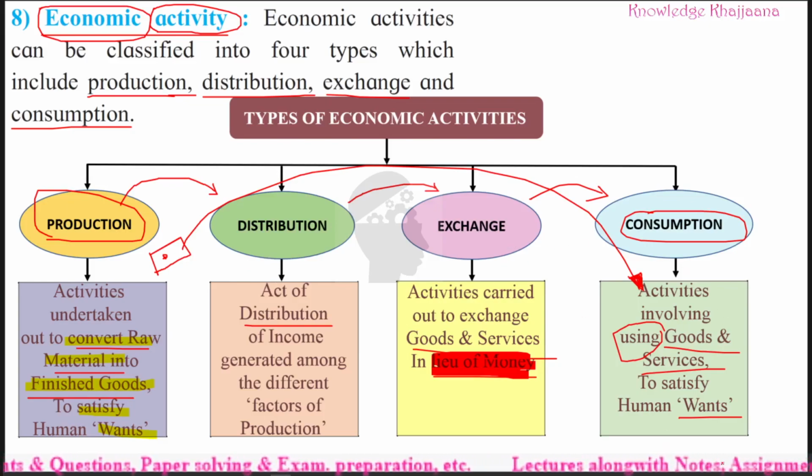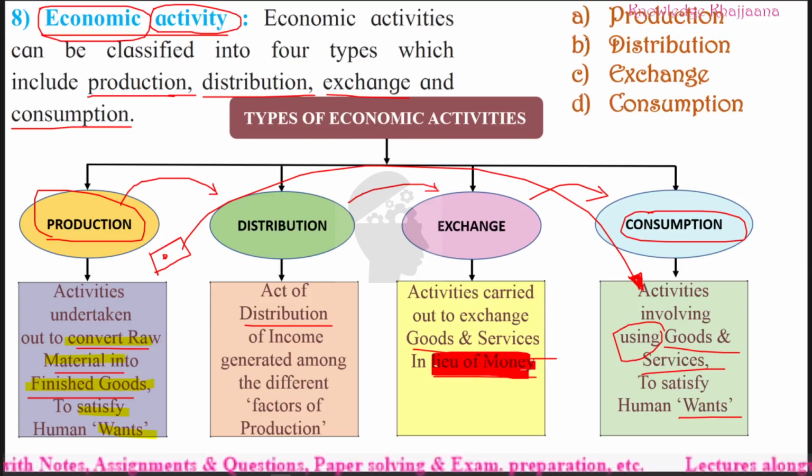When that biscuit was consumed, that actually satisfied the human wants. The same thing applies to services also. For all economic goods and services, they go through different economic activities: production, distribution, exchange, and consumption.